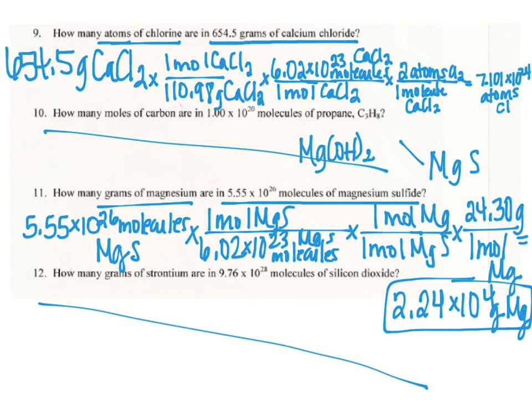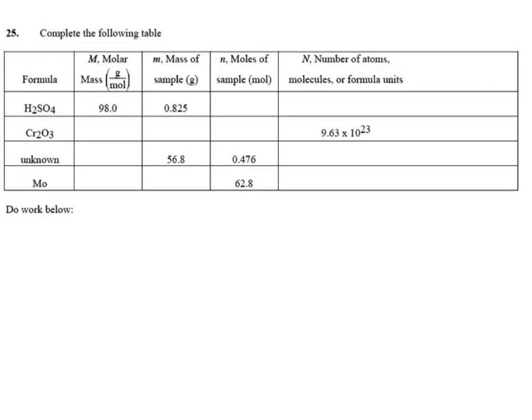Okay, flip over. You will have something very similar to this on your homework, unless you already did it, for tonight. This is a format that you should get used to and be ready for.